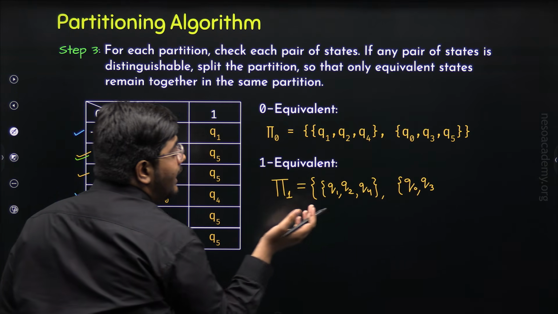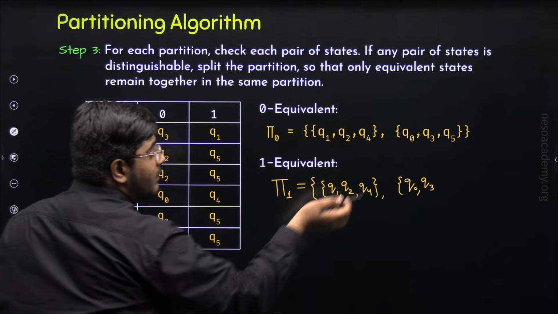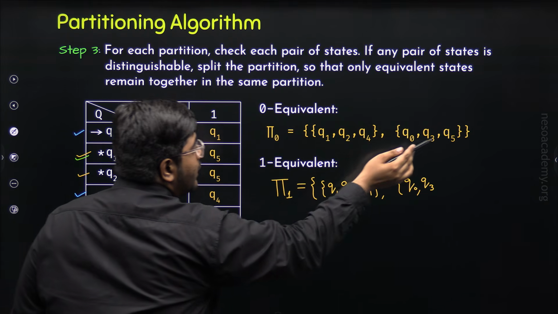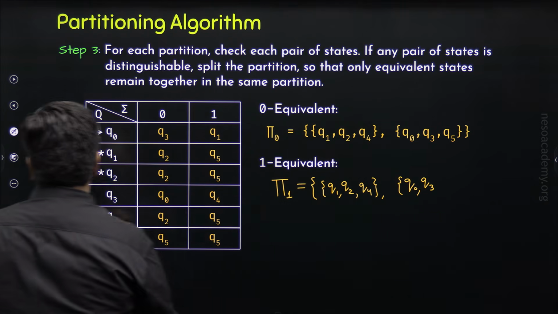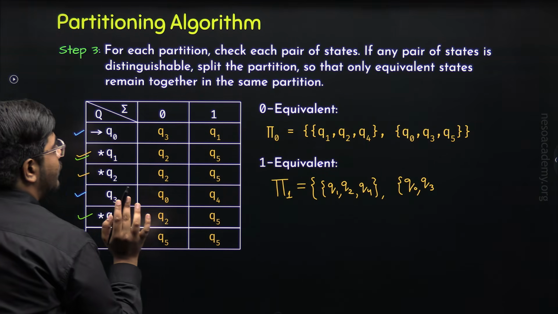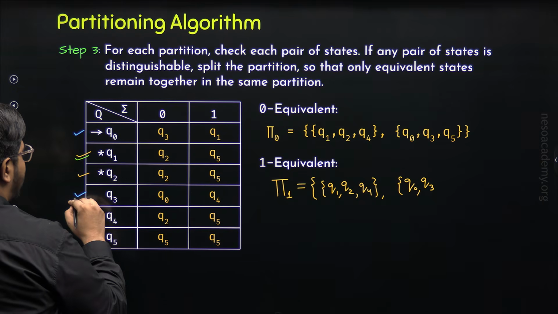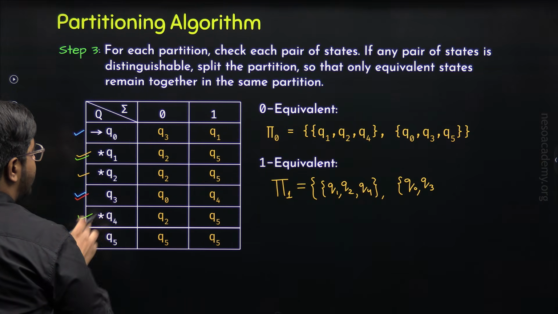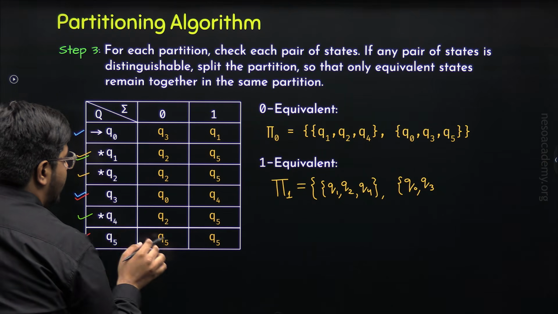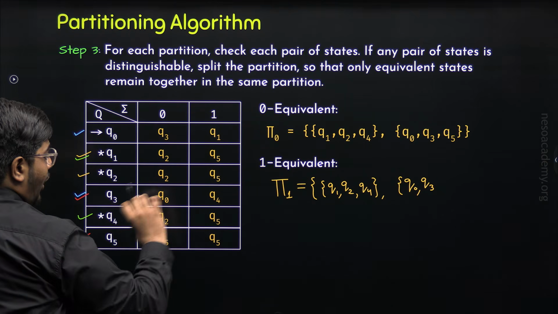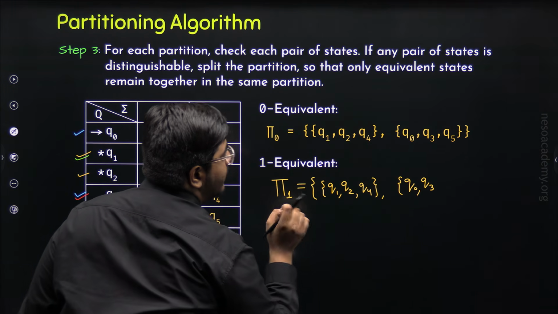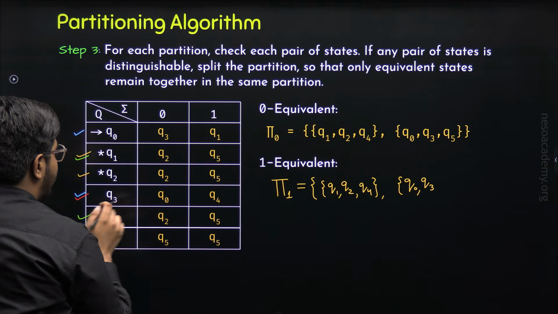Now let's check for the state Q5. Since Q0 and Q3 are equivalent to each other, we can check Q5 with either of them. This time let's check Q5 with Q3. So we are taking Q3 and Q5. On input symbol 0, Q3 gives Q0 and Q5 gives Q5. Now Q0 and Q5 belong to the same set. Let's check for the input symbol 1.